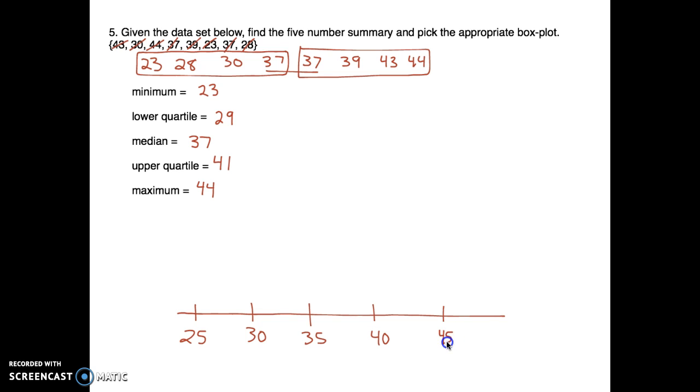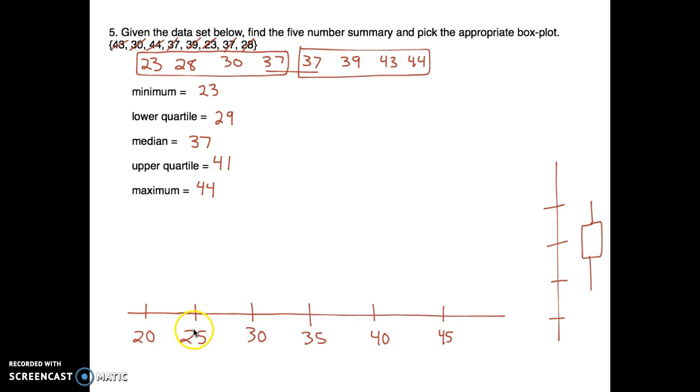And you can also do a box and whisker plot the other way. So your number line could be like this, where you have the box and whisker plot looking like that, somewhere along the line. Okay, so let's actually bring this down to 20.